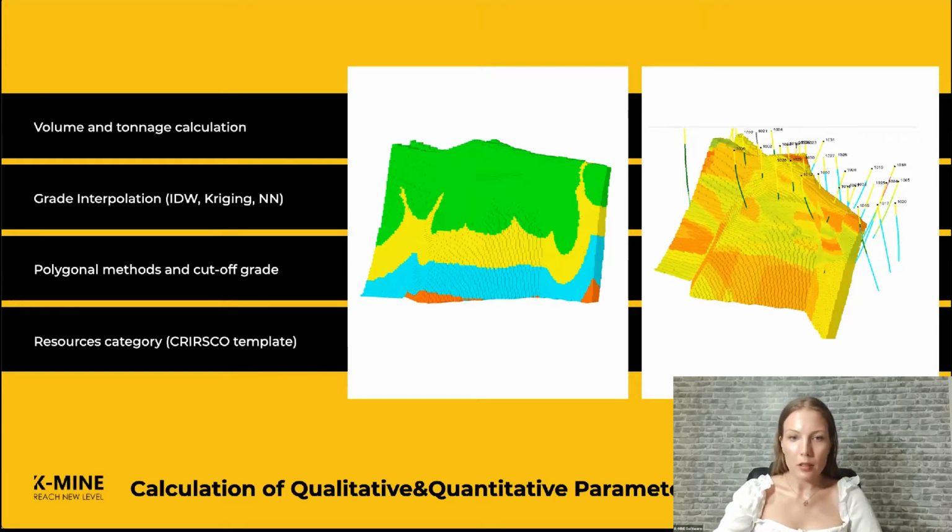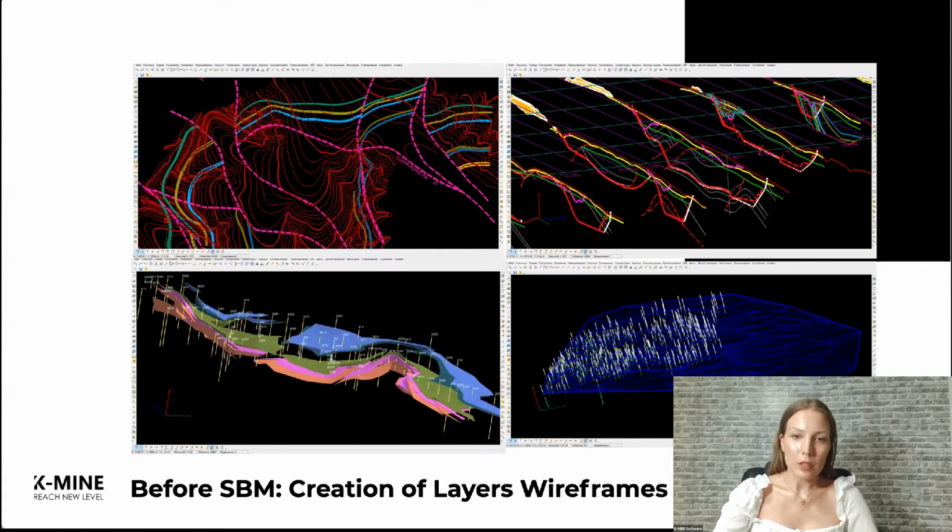If a deposit consists of multiple coal layers, that complicates things even further, because seam correlation requires a clear understanding of the data on plans, in sections, and also in 3D. So in the end, of course, it all pays off with a solid base for effective mine planning.